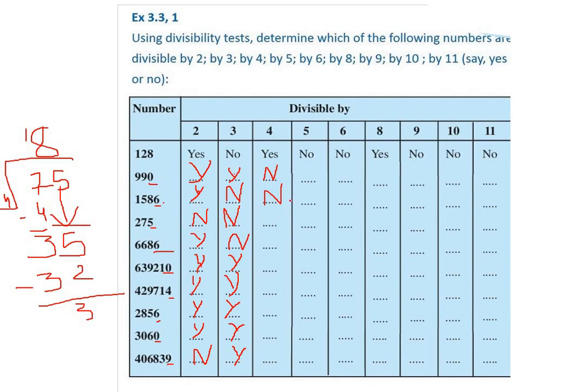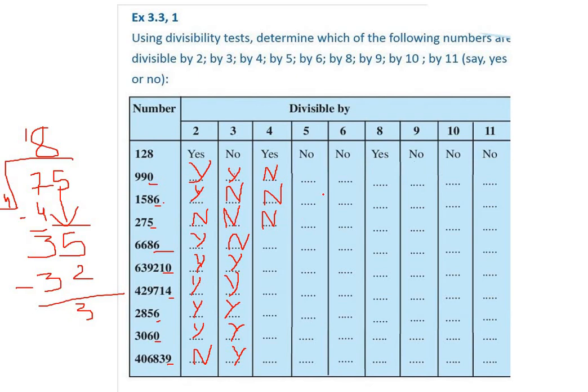So we can say that the remainder is not 0. Again it is no, 275 is not divisible by 4.